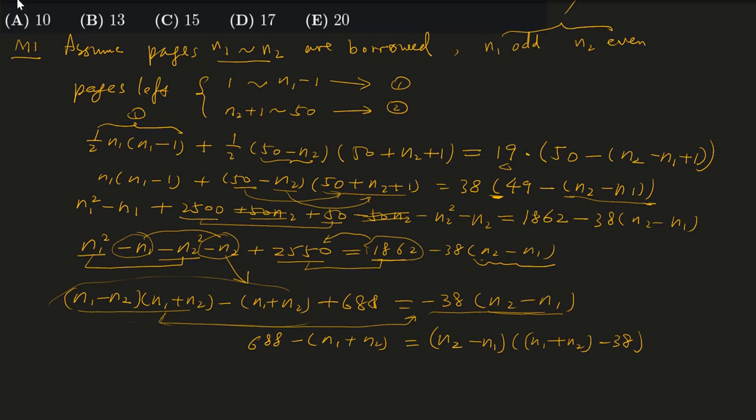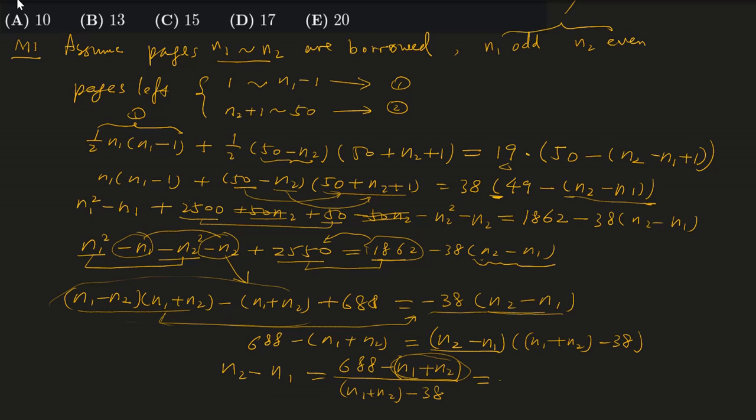And now let's express this on one side of this equation. We have n2 minus n1. That equals 688 minus n1 plus n2, and then divided by n1 plus n2 minus 38. And let's remove this term on the top because we want to simplify this expression.